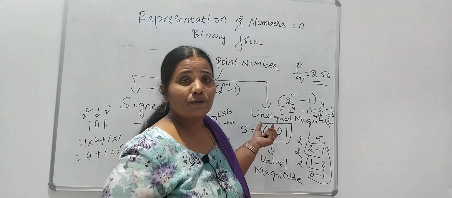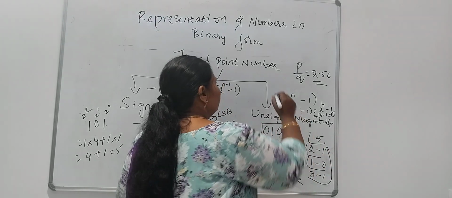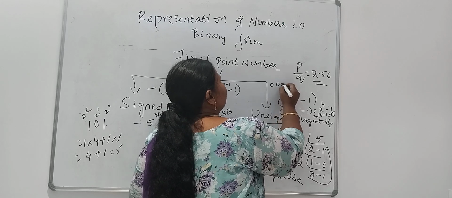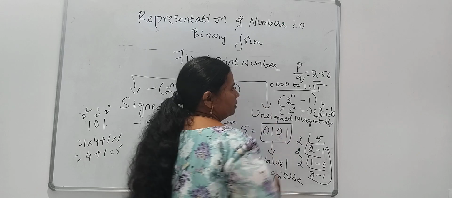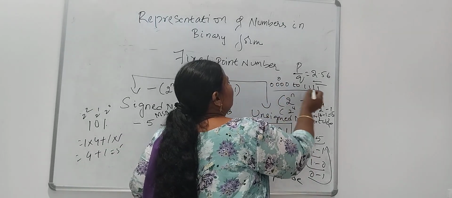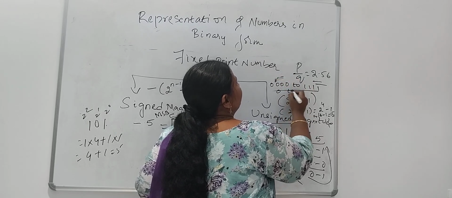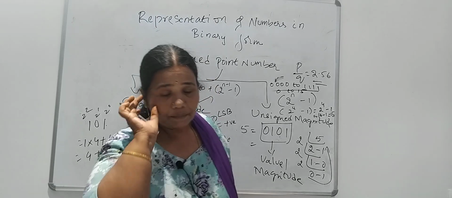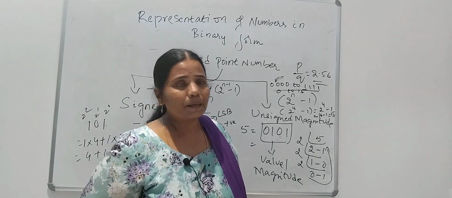That means whenever you represent numbers in the unsigned magnitude representation of 4 bits, you can represent from 0, 0 0 0 0, to 1 1 1 1. 1 1 1 1 means how much is it? 0 to 15, isn't it?